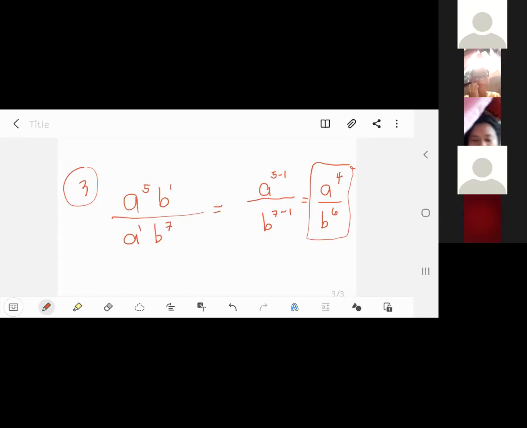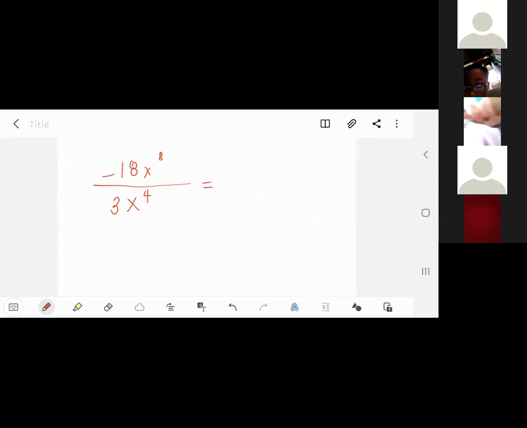Okay, next example. This is a quotient with a monomial divisor. Now there is a coefficient. Let's try: negative 18 x to the power of 8 over 3x to the power of 4.